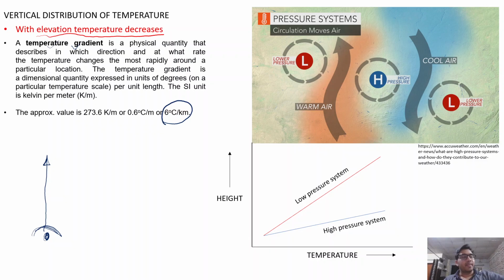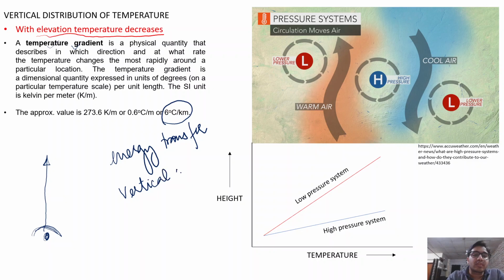temperature gradient. Now, this temperature gradient is partly controlled by the energy transfer, and then partly by the vertical motion in the air. So, what does this mean?